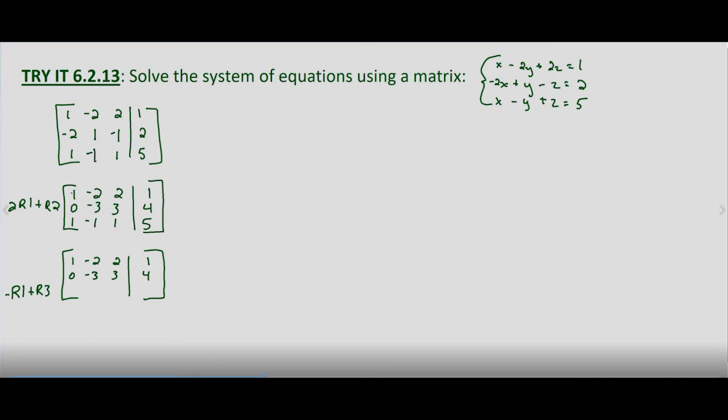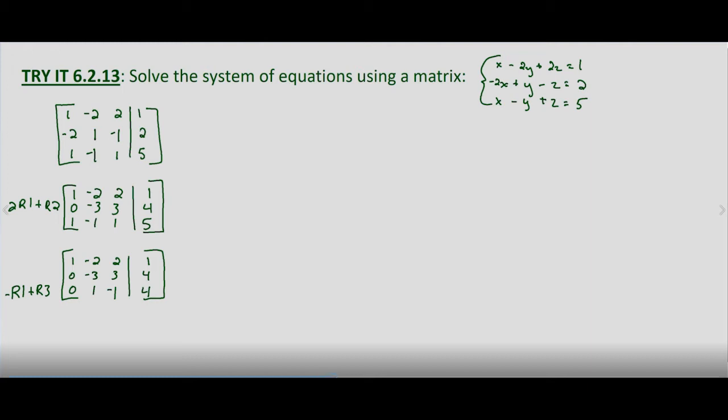So -1 plus 1 is 0. -1 times -2 is 2, plus -1 is 1. 2 times -1 is -2, plus 1 is -1. And then -1 plus 5 is 4. So now we've gotten a 1 in our first row, first column, and zeros underneath it.